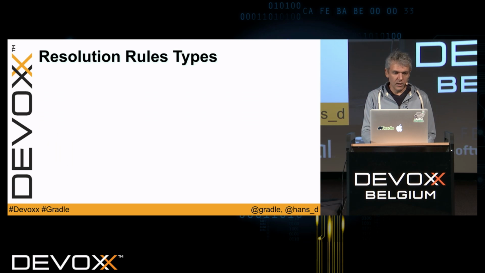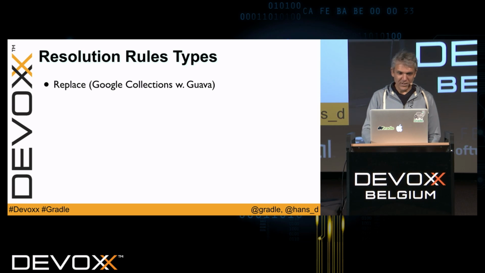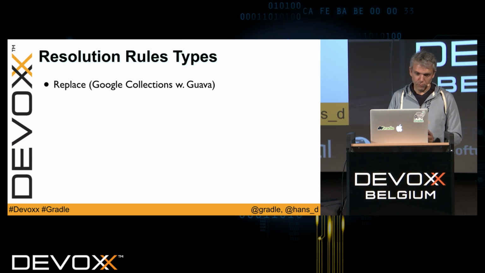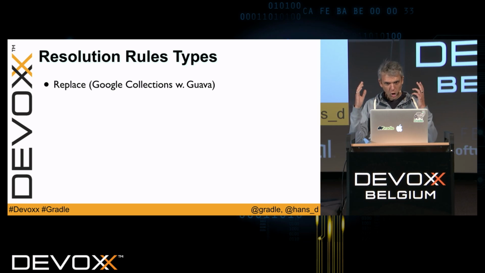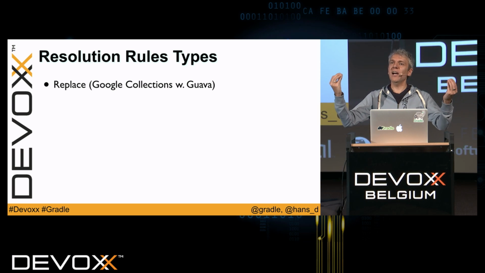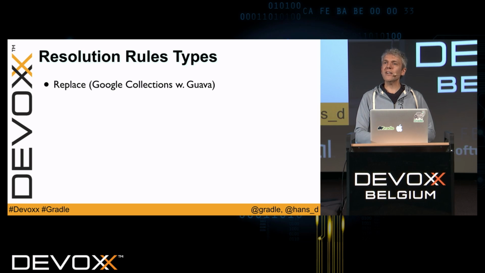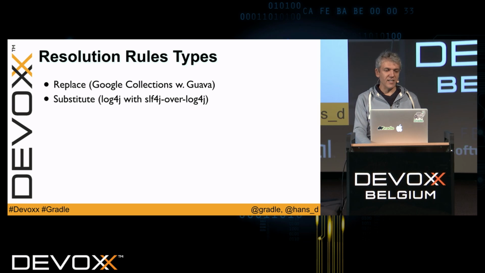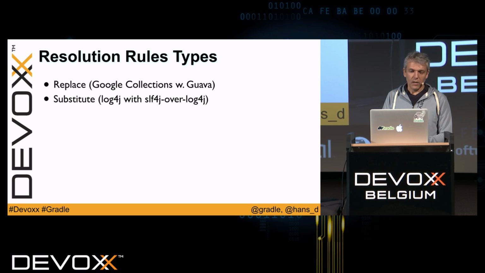And you can define resolution rules for replacing dependencies. So you can define a company-wide rule: whenever Google Collections and Guava are used at the same time, kick out Google Collections because it's superseded by Guava. You can substitute. You can say whenever log4j, but the replace rule means when Guava is not in the class path, then use Google Collections.